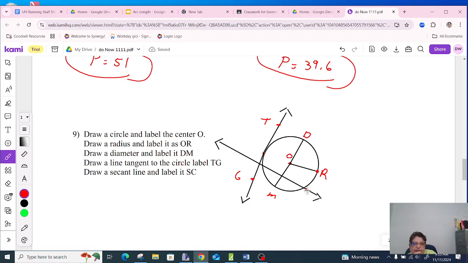Somewhere I'll put a point and label that as S. Somewhere put a point and label that as C. You could have had it the other way around. That's fine, because SC and CS would be the same as long as you have your points on there. That's what I would be looking for. It's kind of like knowing your vocabulary.